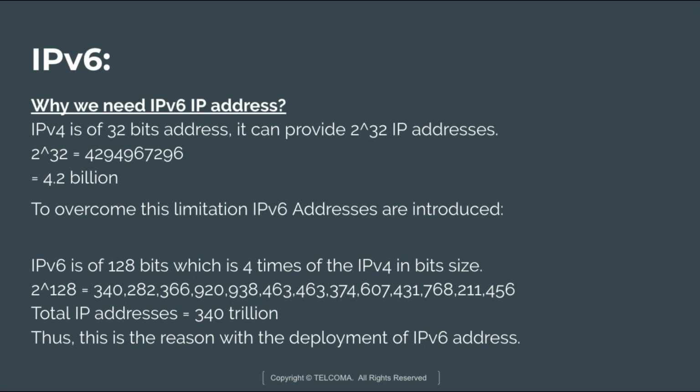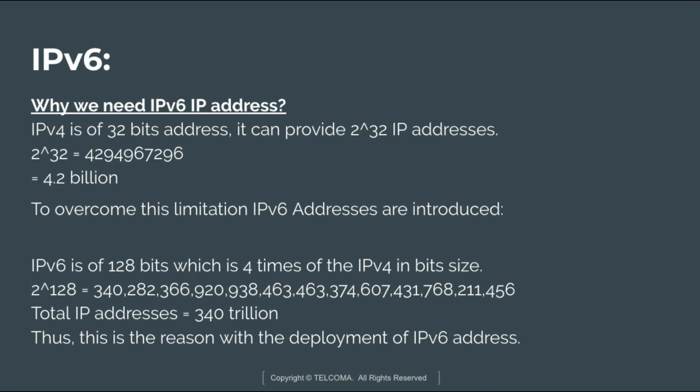So here we have the numerical representation of these IPv4 and IPv6 addresses. IPv4 addresses have 32 bits, it means it has 2 raised to power 32 IP addresses, which equates to 4.2 billion addresses. So to overcome the limitation of IPv4, we use IPv6 addresses.